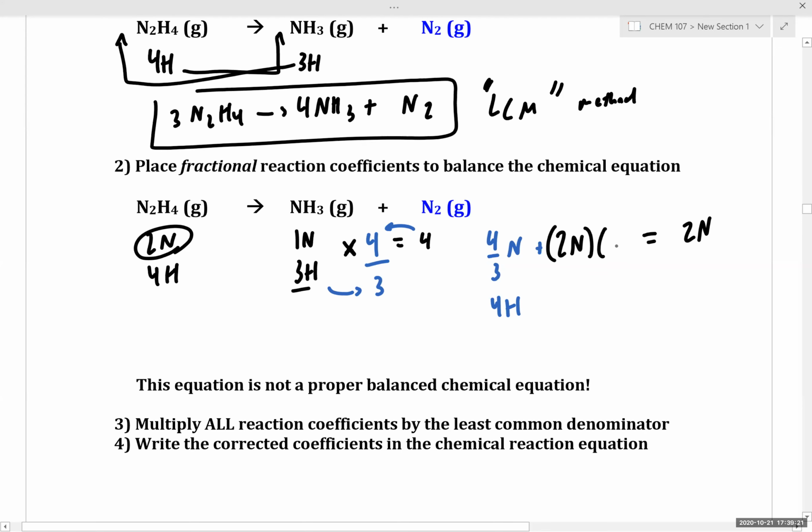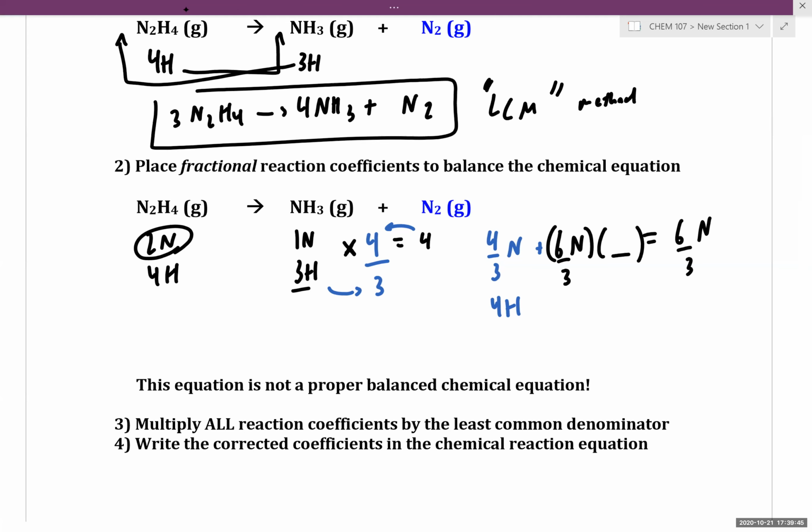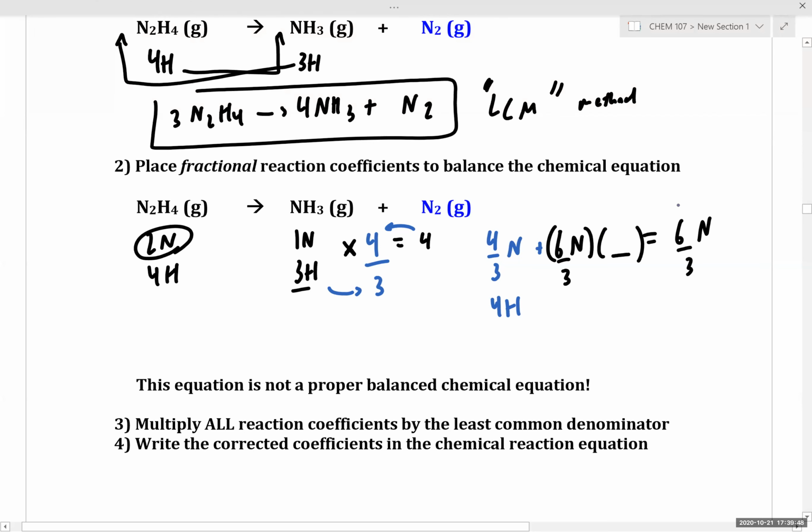So we have 2 nitrogens times what coefficient plus 4/3 would give us 2. Another way to think about these 2 nitrogens is as 6/3. So now we guess a fraction that would give us a total of 6/3 nitrogen. So we guess a fraction of 1/3, which in turn gives us a total of 6/3 nitrogen.